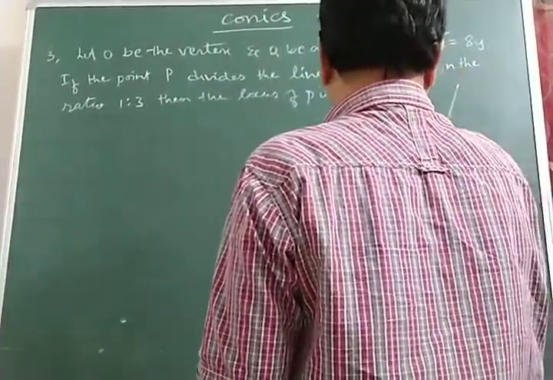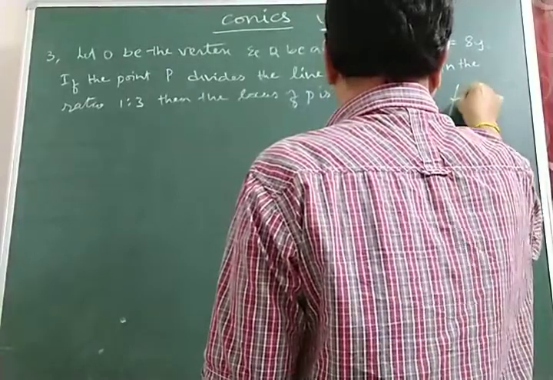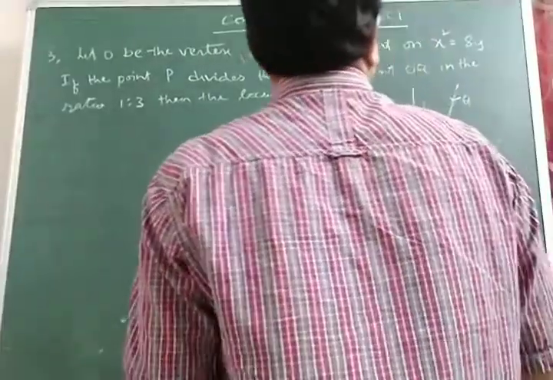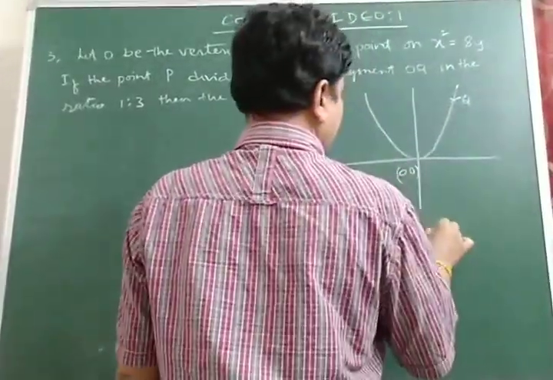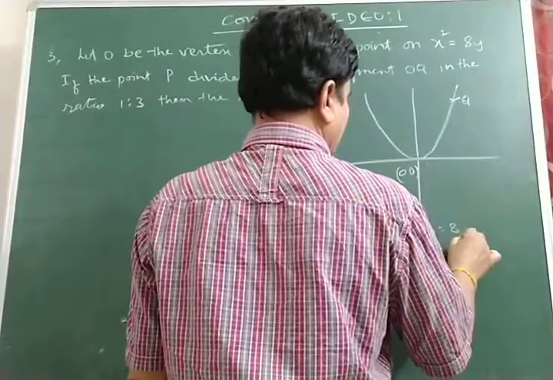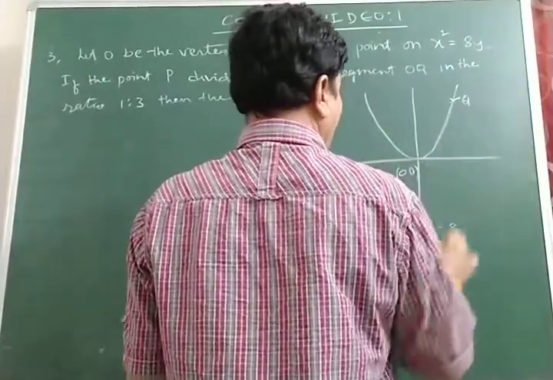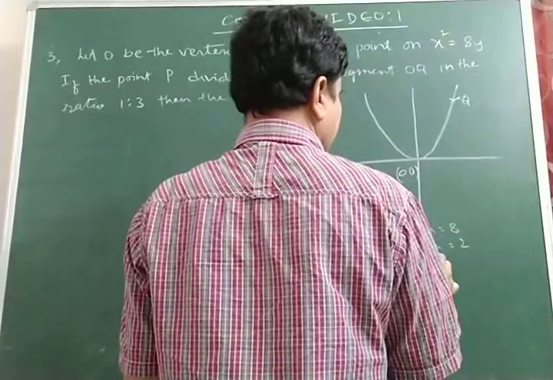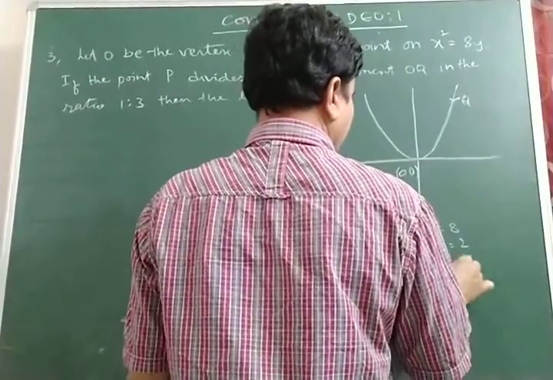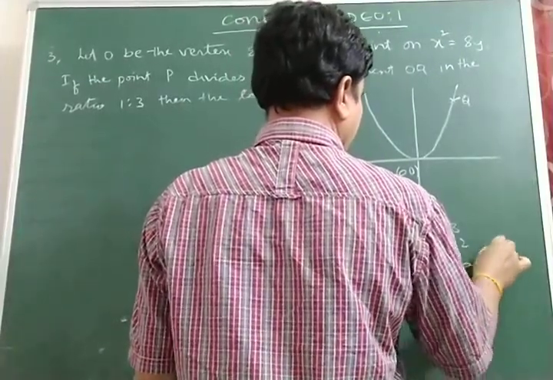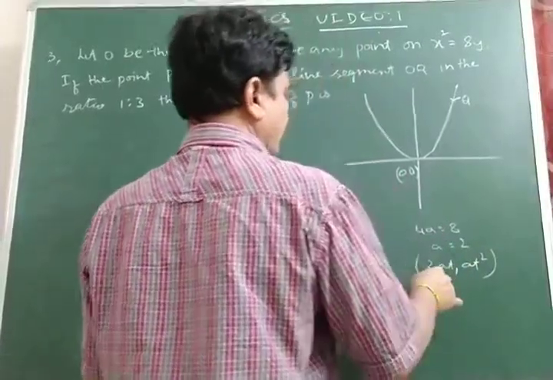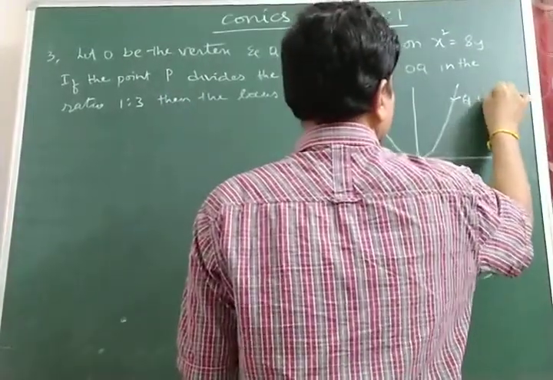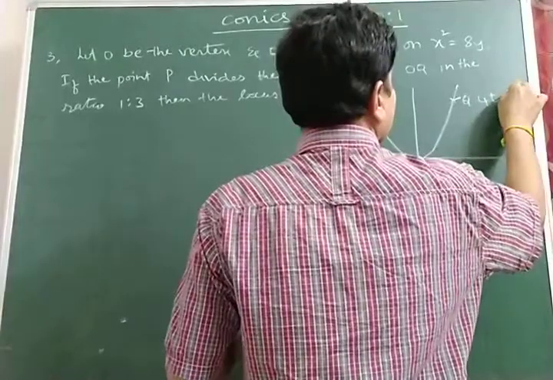It has vertex (0, 0) and Q is a point on the parabola, where 4a = 8, which means a = 2. The point on the parabola is (4t, 2t²).